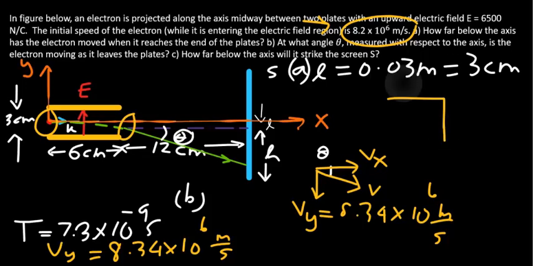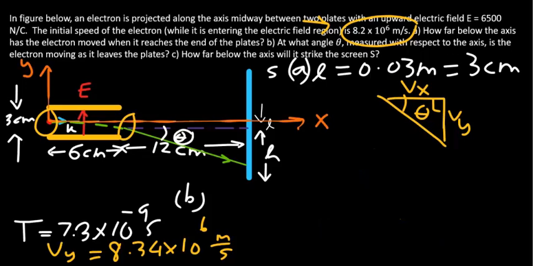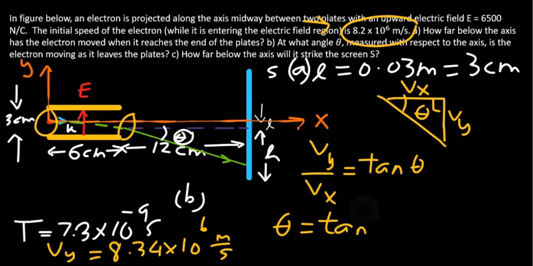So this is v sub x, and this is v sub y, and that is theta. This is a 90-degree angle. So you see v sub y over v sub x equals tangent theta. So theta is arctangent of vy over vx.